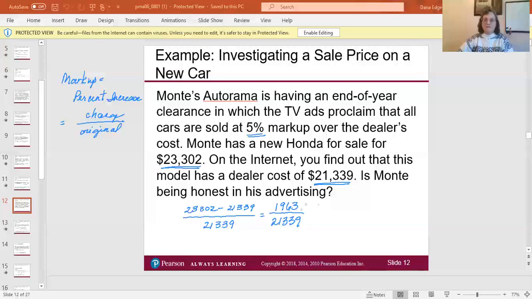So 1963 divided by 21,339 turns out to be 0.09199, that's 5, which is a percent of 9 point, let's just round this off to 9.2. So are they being truthful or are they lying? No, this was marked up almost double what their claim is.